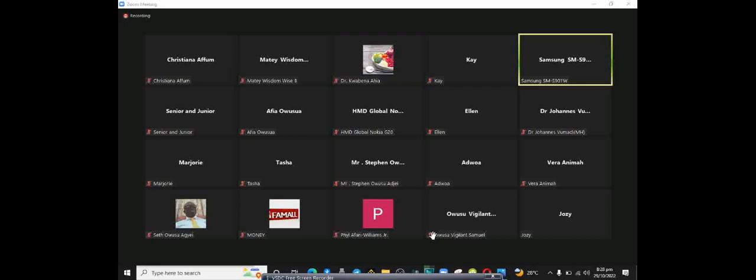So mango, pineapple, orange, purple, guava, they're all yellow because they contain what we call flavonoids. The term flavonoid is derived from Latin, which means yellow. Anything yellow is really very, very good.